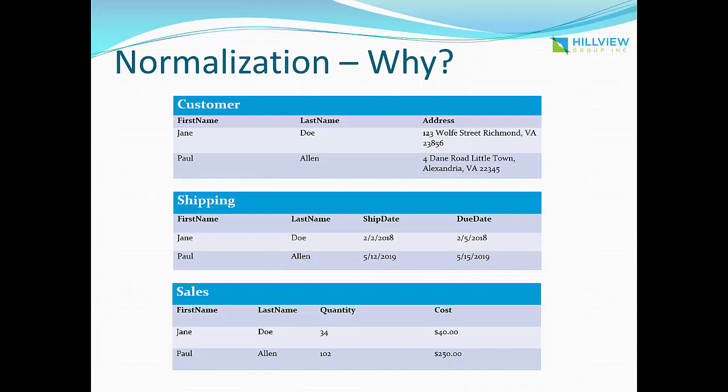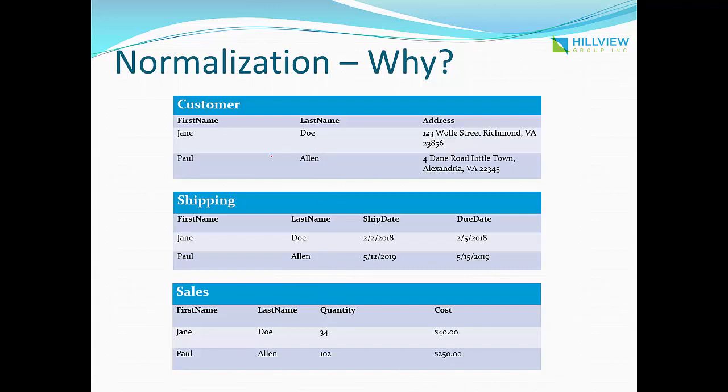Now, we see that when Jane purchased the 34 quantity for $40, we can trace the fact that Jane, the customer that lives on Wolf Street, purchased 34 of some gizmo for $40. And we know, based on the first name and the last name, that it was shipped on this day and it is due to be delivered on this date. Okay, so we can follow that trend from what we have here.